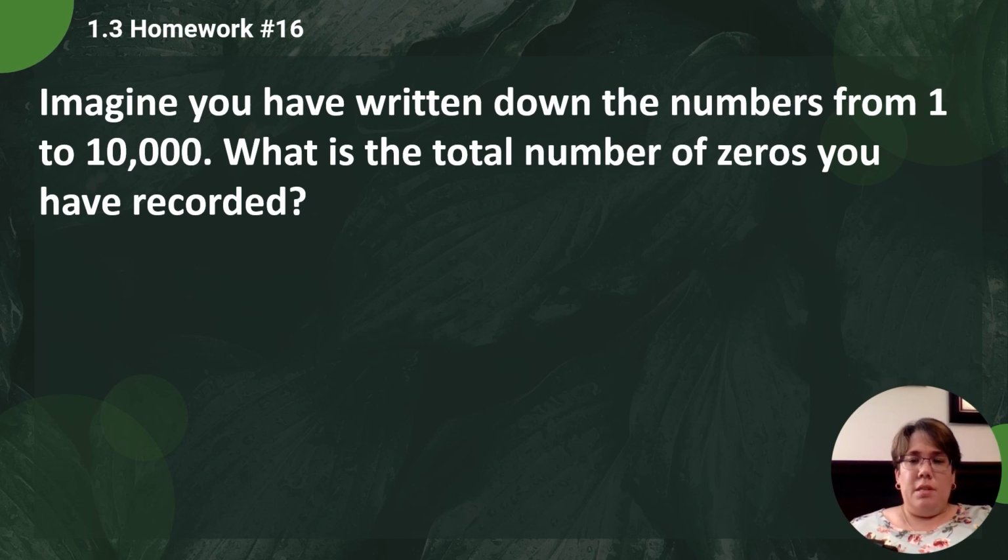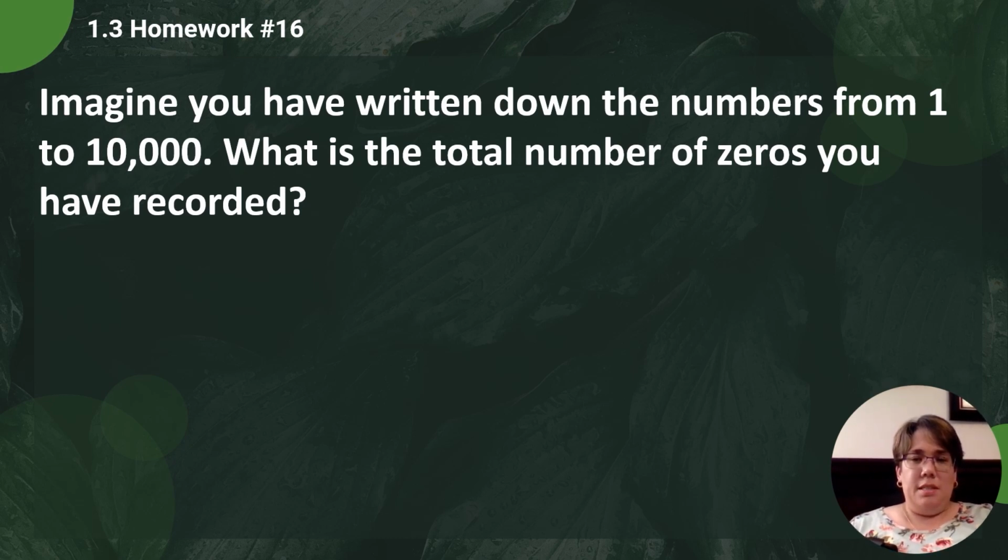What is the total number of zeros you have recorded? I know that some of your problems have a different number than 10,000, but 10,000 is the number I wanted to look at in this example. I'm going to walk you through that one, and then you can apply the same methods to whichever number you might have in your randomization of your problem.